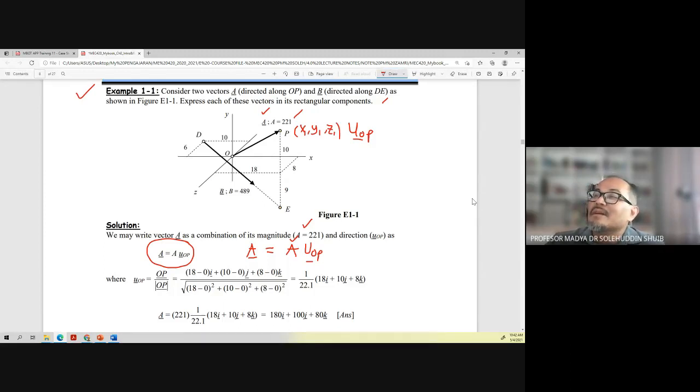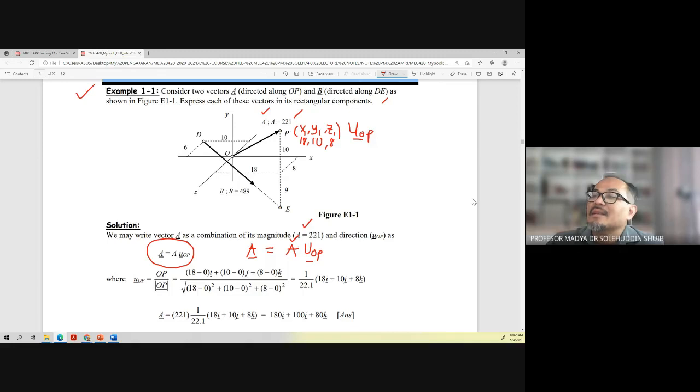Here x is 18, then y is 10, and z is 8, right? So 18 minus 0, 10 minus 0, then 8 minus 0.